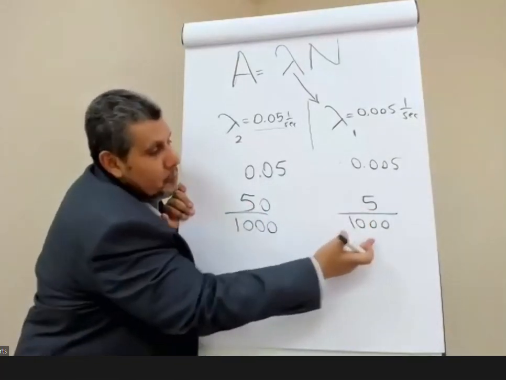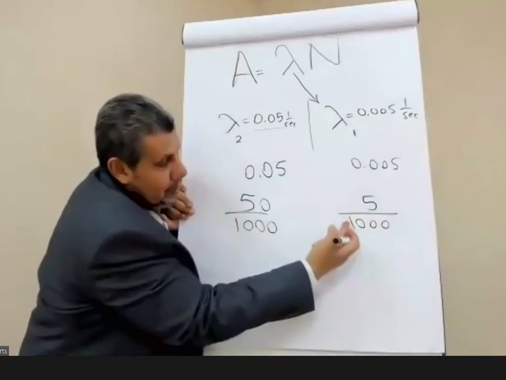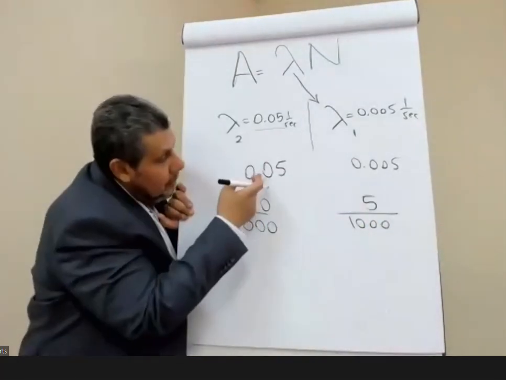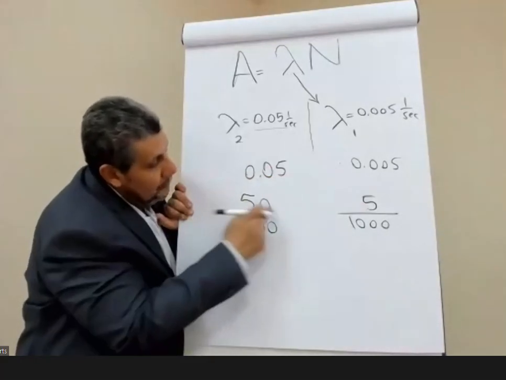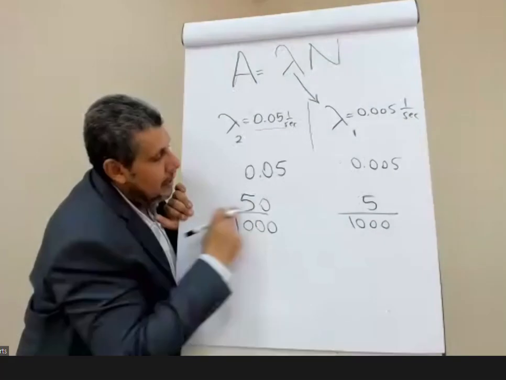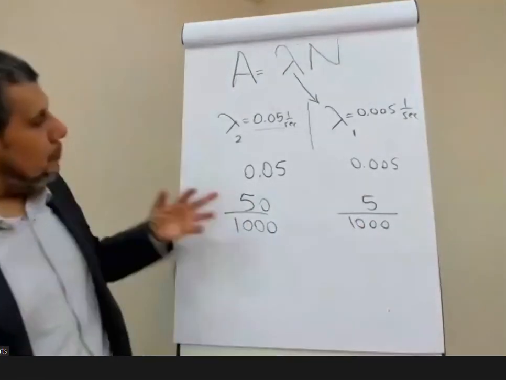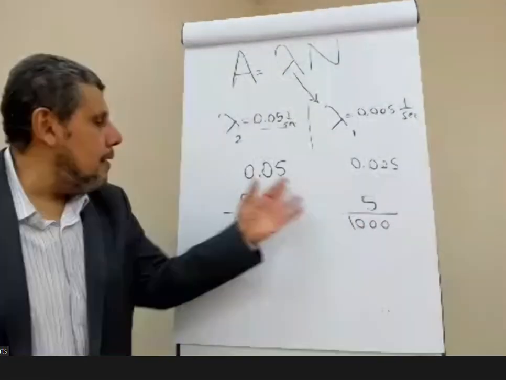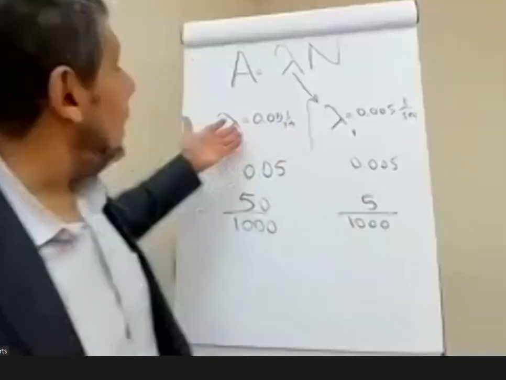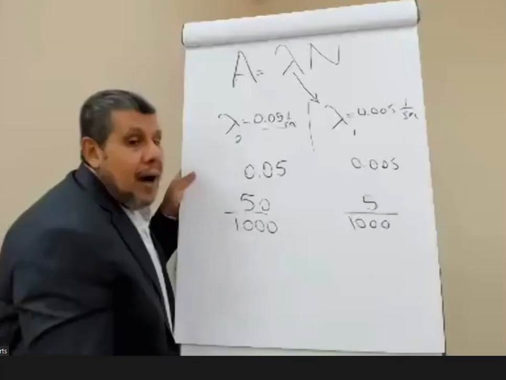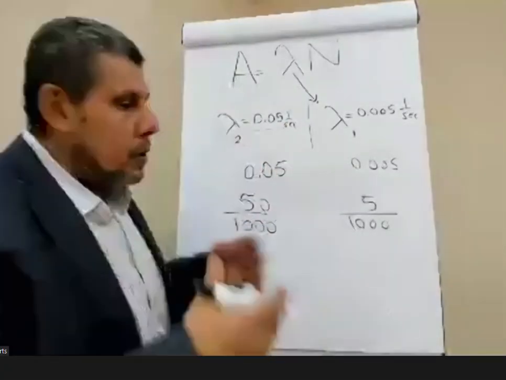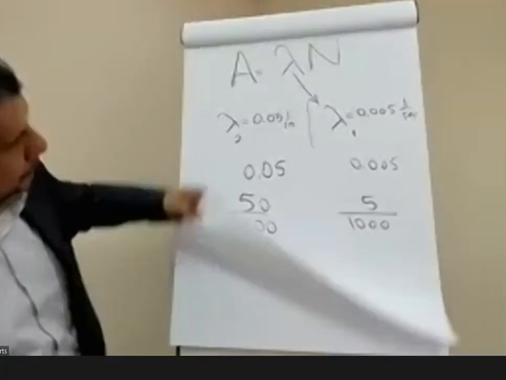Only 5 will decay from 1,000 here. Same atoms, but we have a different number of decays. 50 will decay around 1,000 in each 1 second, but here 5. So when we have a high lambda value, it means more decay. Okay.